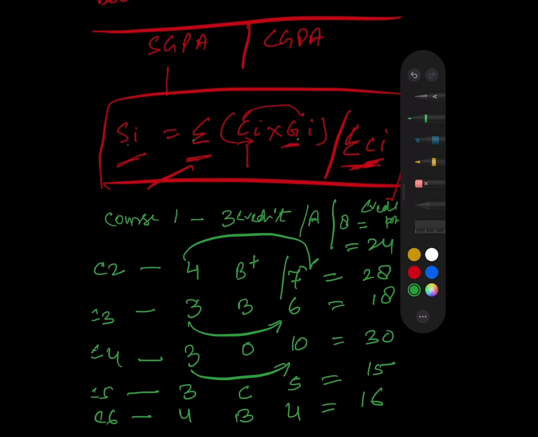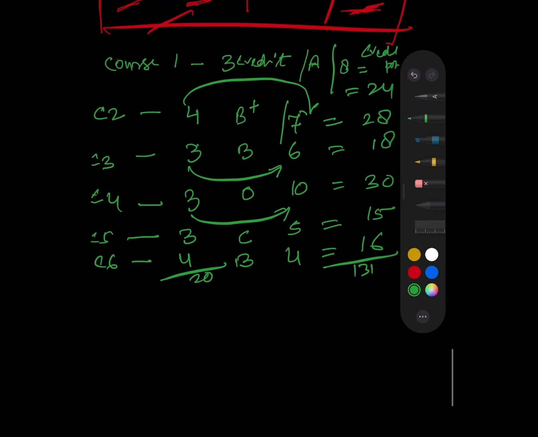So you will add them. What will be the total? 131. And the total number of credits will be 4, 7, 10, 13, 16, 20. The total number of credits which you opted in the UG course are 20, and this is the credit point.